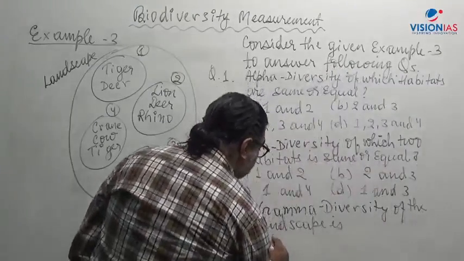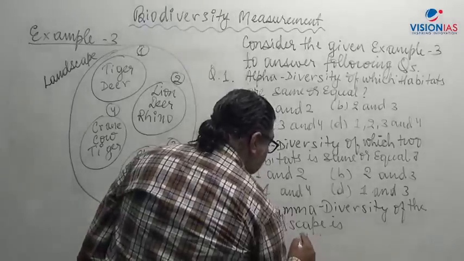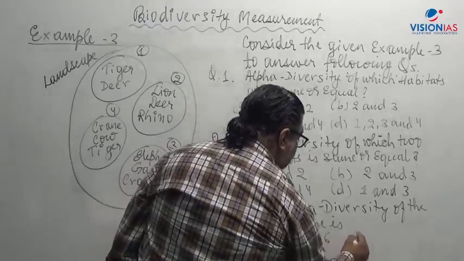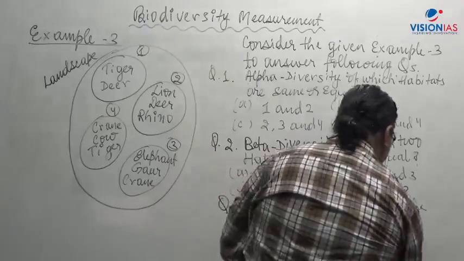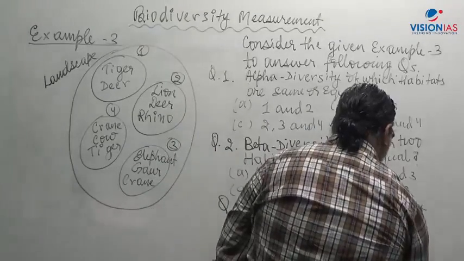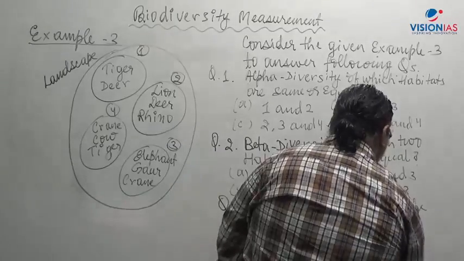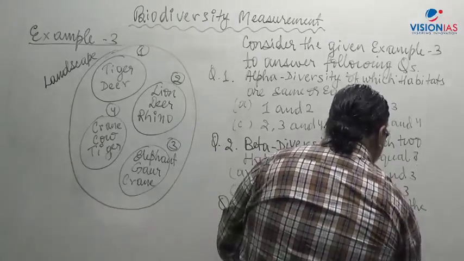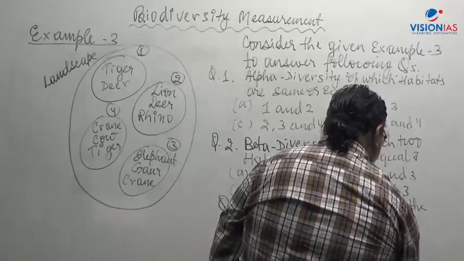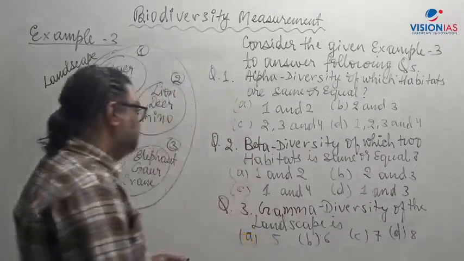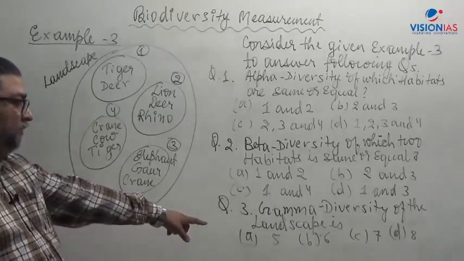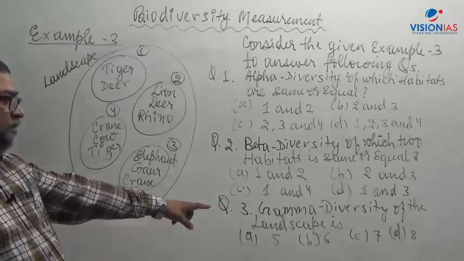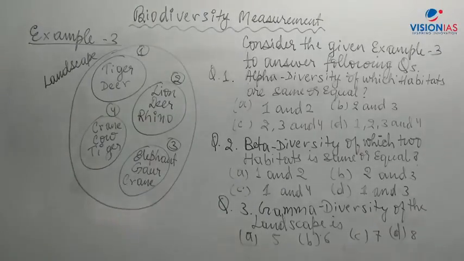Options: 5, 6, 7 and 8. I repeat the question, for those who cannot see it. Gamma diversity of the landscape is A 5, B 6, C 7, D 8. You can first copy the question there.